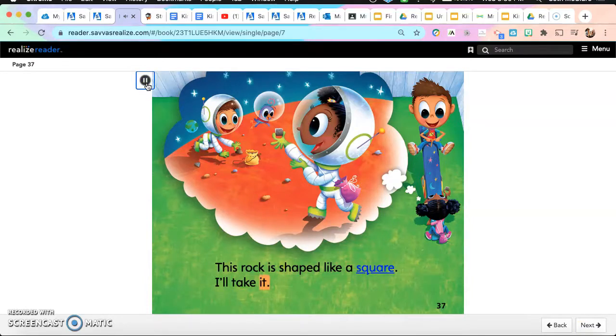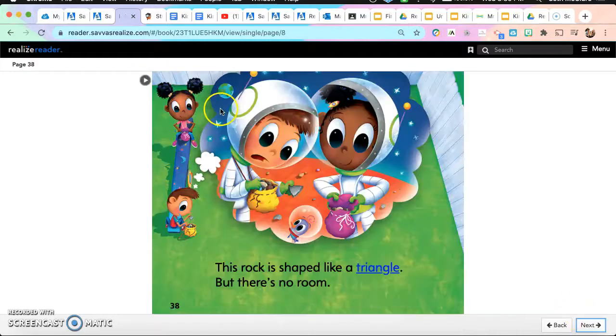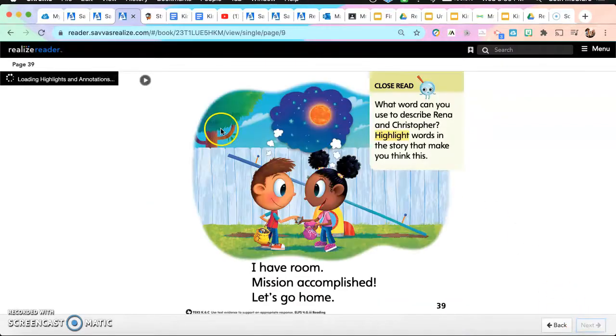I'll take it. This rock is shaped like a triangle. But there's no room. I have room. Mission accomplished. Let's go home.